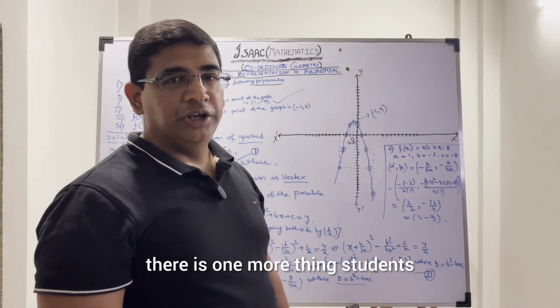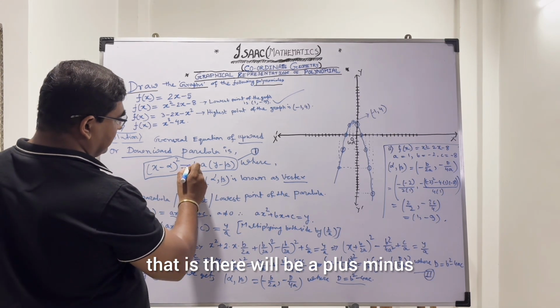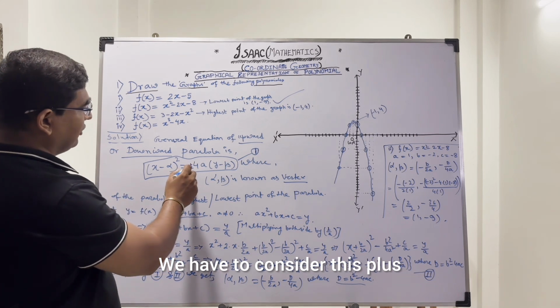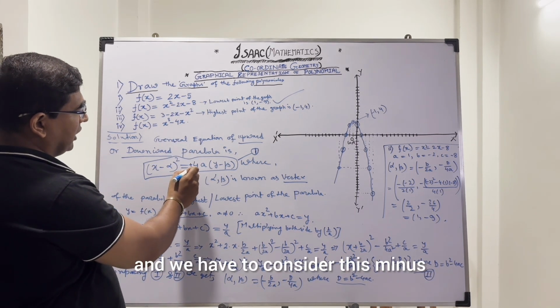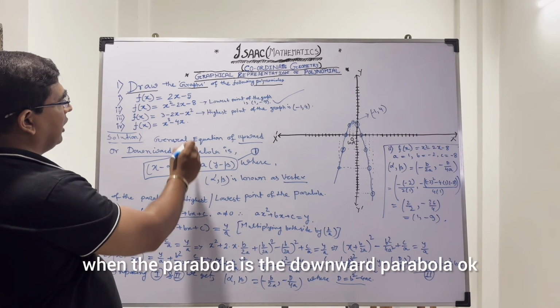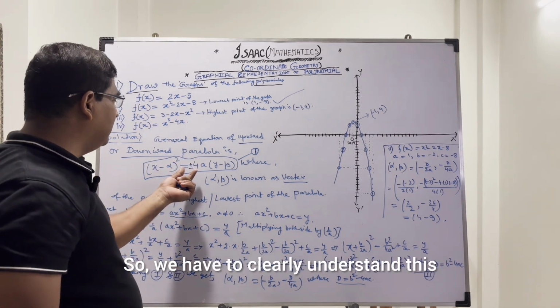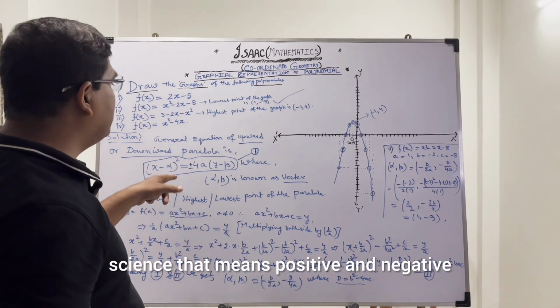There is one more thing, students, that there will be a plus minus. We have to consider the plus when there is an upward parabola, and we have to consider the minus when the parabola is a downward parabola. So we have to clearly understand these signs, that means positive and negative.